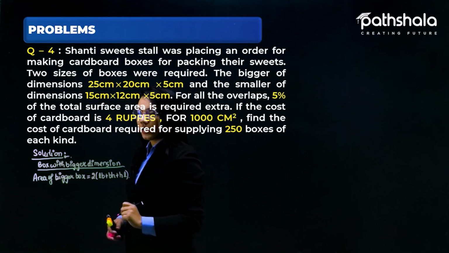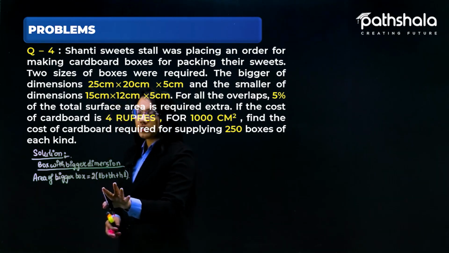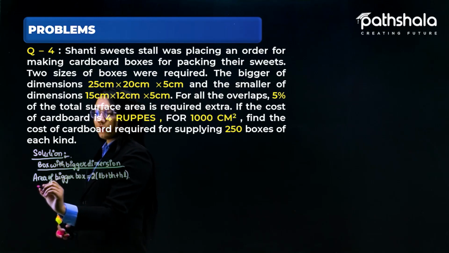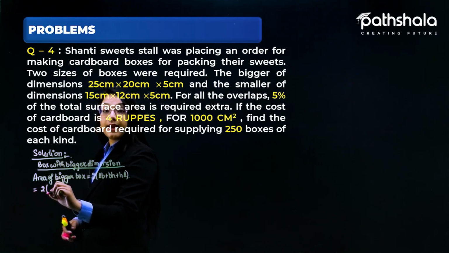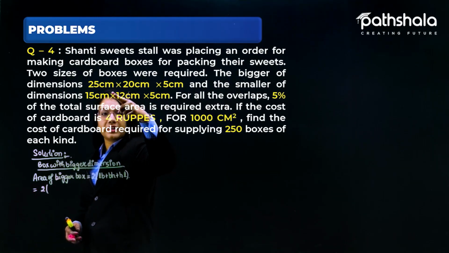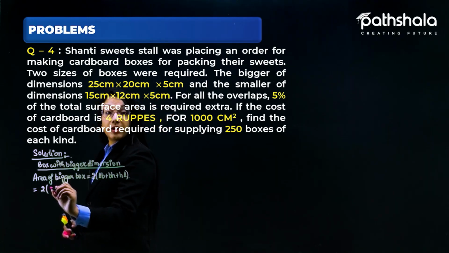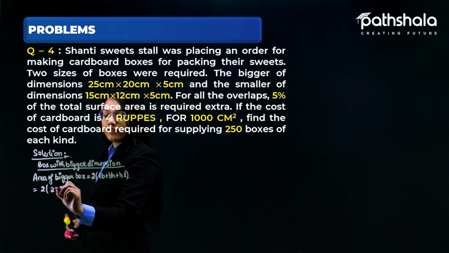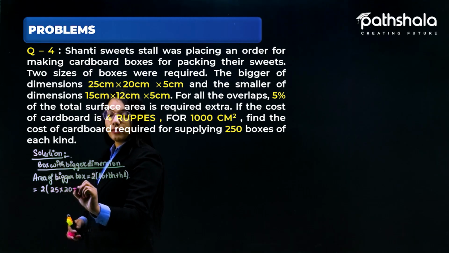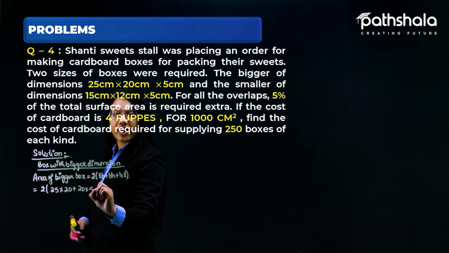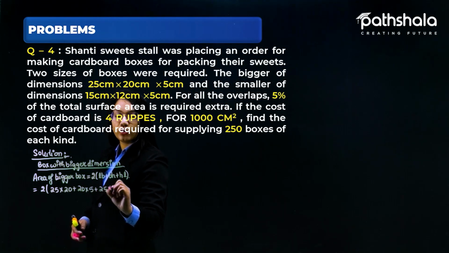Now, L is already given to us as 25, B is 20 and H is 5. So this would be 25 into 20 plus 20 into 5 plus 25 into 5.